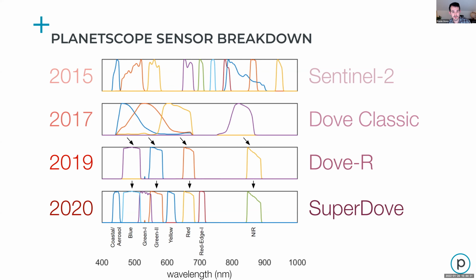So that's a really unique benefit. But as you see, as time goes on, in 2020, last year, is when we started launching those latest generation Superdove sensors. We're becoming a lot closer to Sentinel-2. So that's a really exciting thing going for us right now.